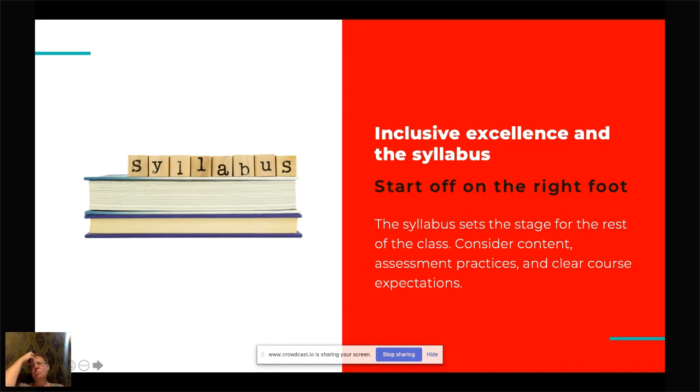Finally, another thing I think is important to add to your syllabus that signals to students that this is a classroom of inclusivity is information about things like mental health supports on campus, supports for survivors of sexual violence, and supports for students with disabilities. Having that stuff on the syllabus lets students know that you care about them as full human beings. And I think that's part of inclusive excellence as well.